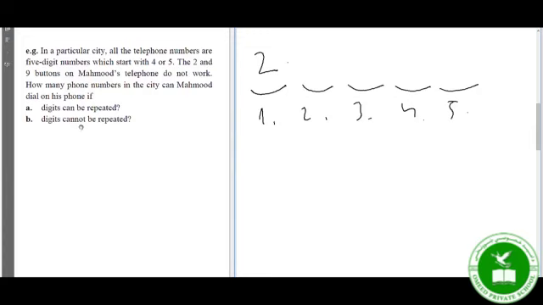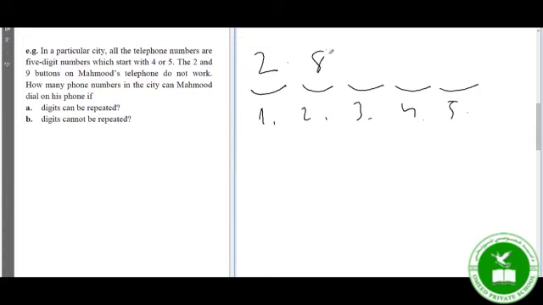Times, for the second one, in the first case, case A, digits can be repeated, but on Mahmoud's phone the 2 and 9 buttons are not working, so he can use 8 digits. The digit can be repeated, so it can also be 4 or 5, which we used for the first digit.